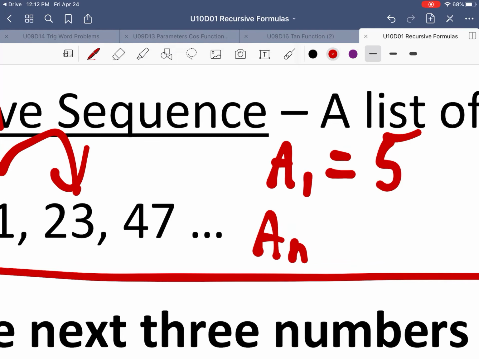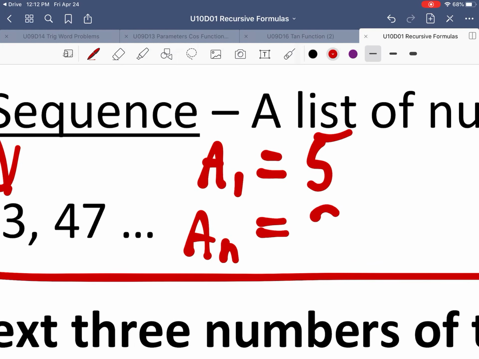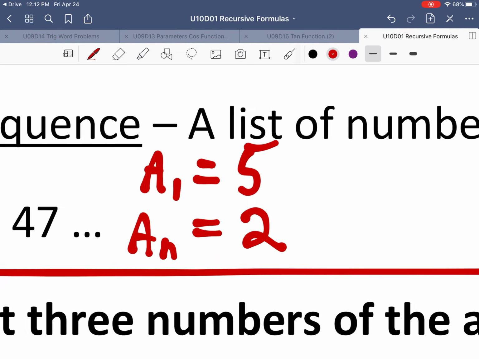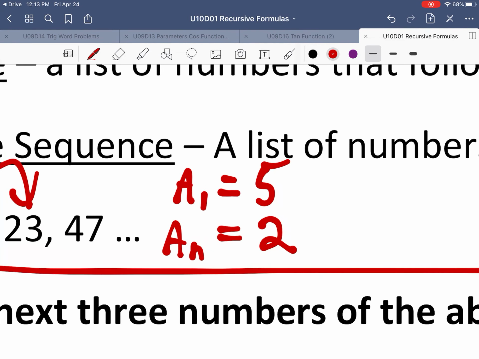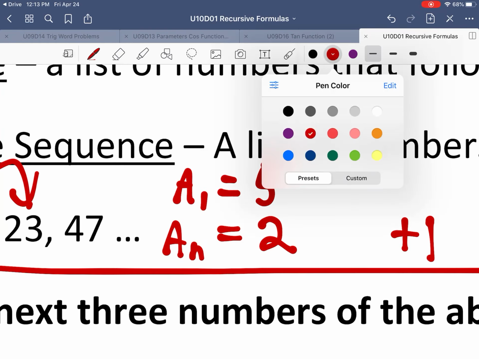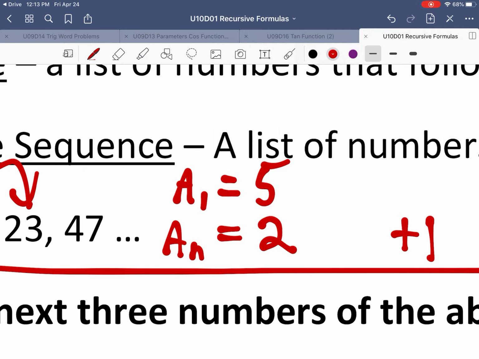Now we're going to write a rule to find any term or an unknown term in this sequence. Well, we said the rule was to multiply by 2 and then add 1. So we need a rule that says this. But what am I multiplying by 2? Well, I'm multiplying the term that comes before this term.